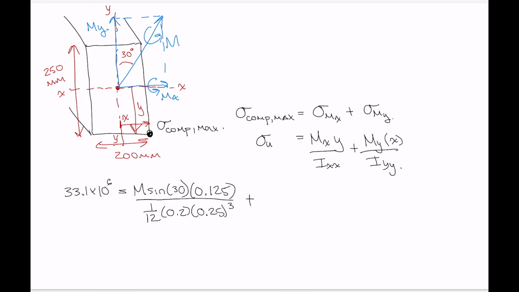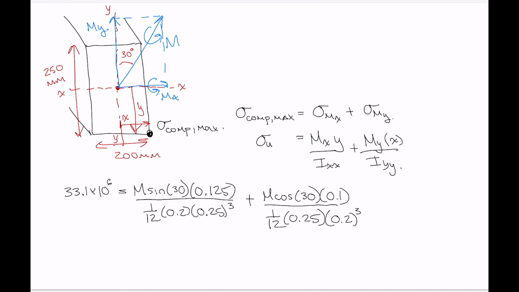Cube that, and then add on the second term here, which is My, the y component, which is M cosine 30, multiplied by the distance that our point of interest is away from the y-axis, so that's that distance right there, 100 millimeters, divided by 1/12, and in this case the base is the 250 millimeter dimension, and now the height is the 200 millimeter dimension.